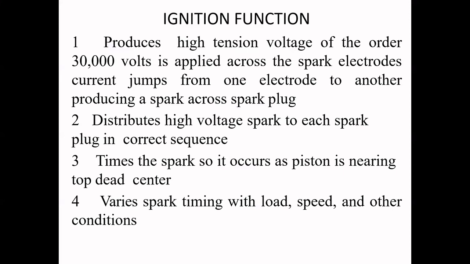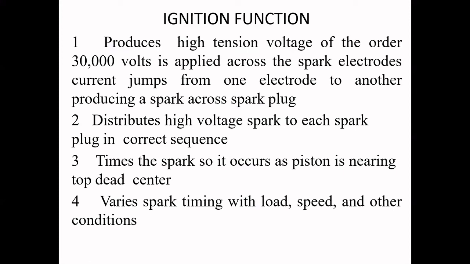Okay, again I will repeat the function of the ignition system. The ignition system has to produce a high tension voltage of the order of 30,000 volts or above, and this high tension voltage has to be applied across the spark electrodes.